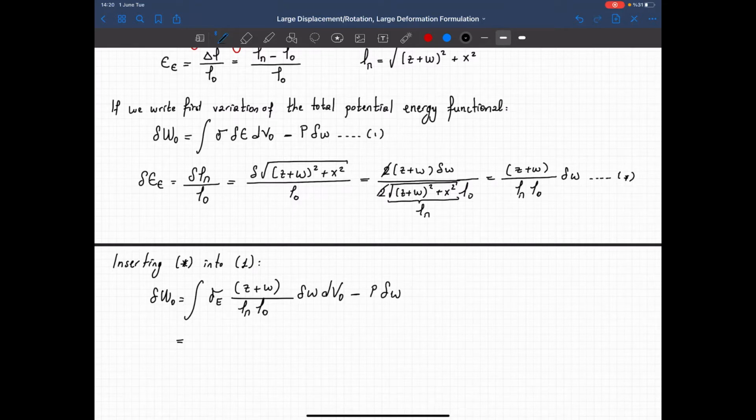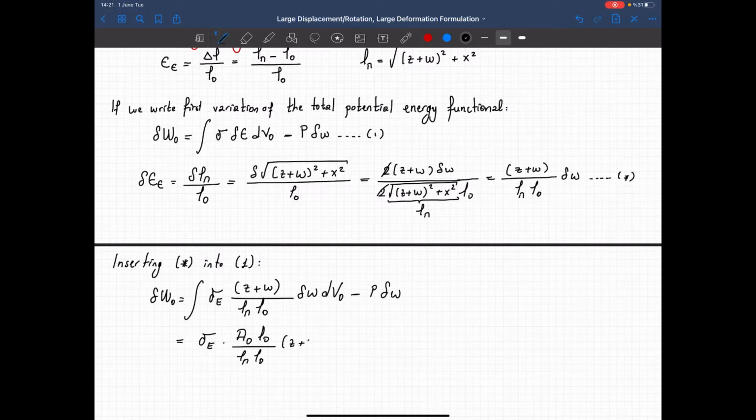So we get the equilibrium equation from this expression. We can write the following. Stress multiplied by A0 L0, which will be the volume, divided by Ln L0.